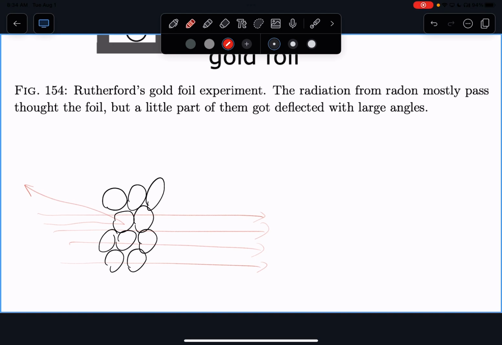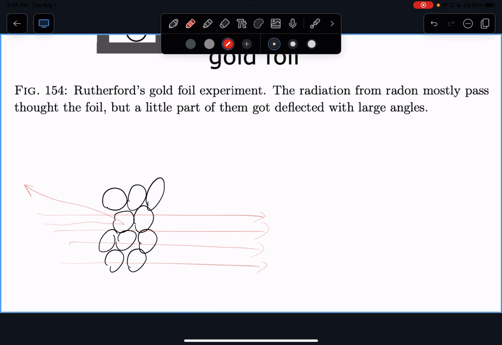So what does it mean? It means that the structure of the atom is not uniform. If it were uniform, then the radiation would just all be weakened by some factor.